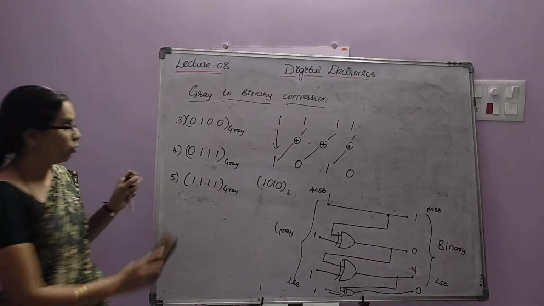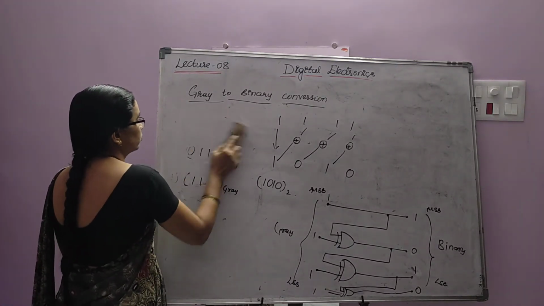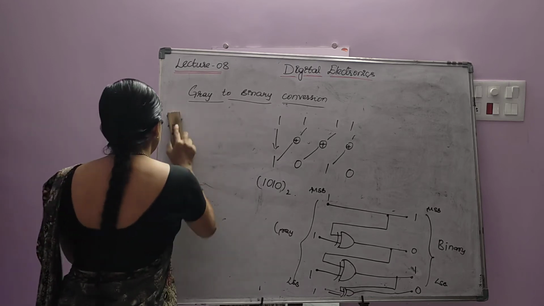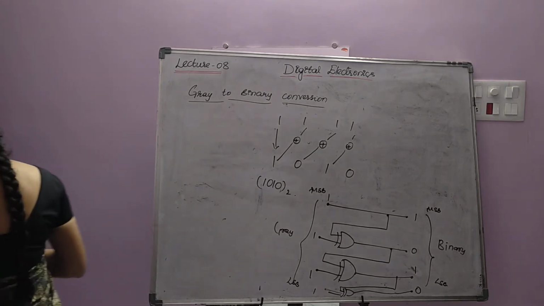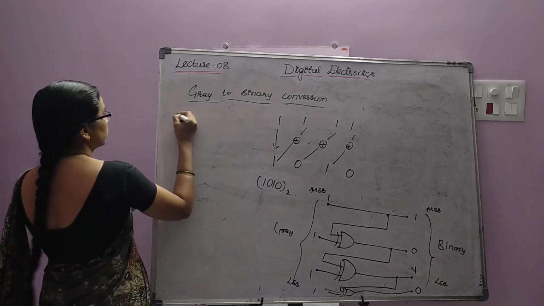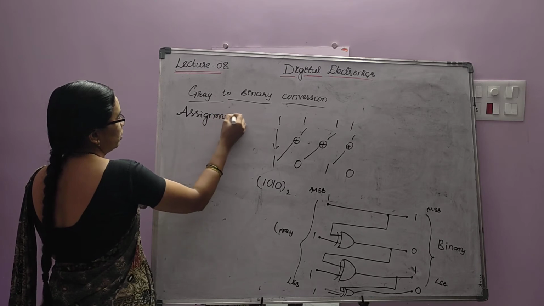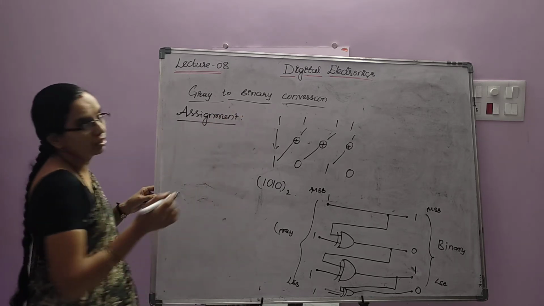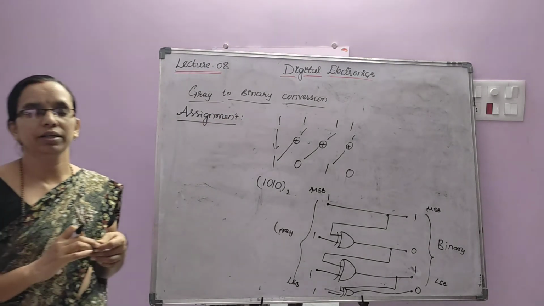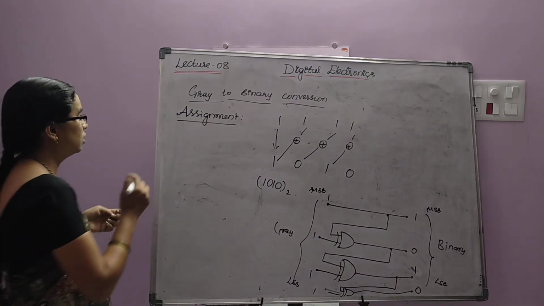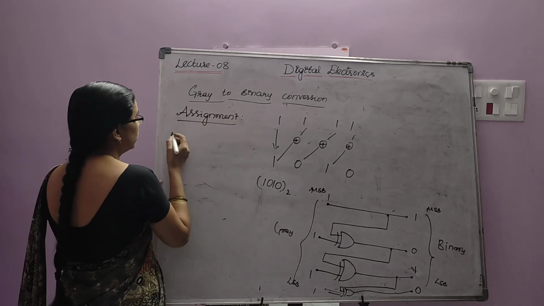Take some assignment problems. How many XOR gates are required to convert the 4-bit binary into gray and gray into binary? 3 XOR gates. Assignment for gray to binary conversions.